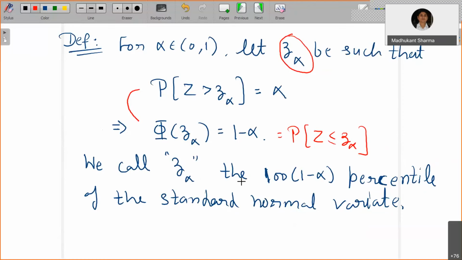So we call this z alpha the 100 times (1 minus alpha) percentile of the standard normal variate.